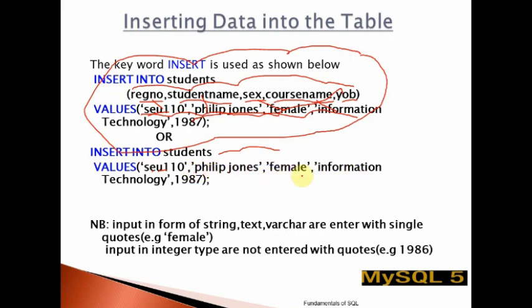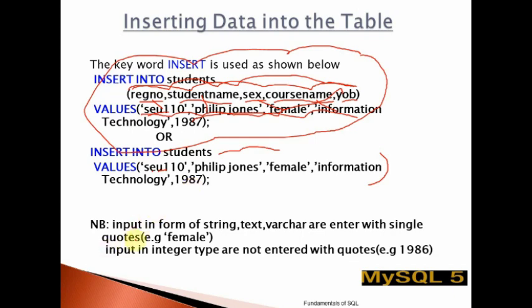Now, this is more applicable when you are choosing to enter data into all columns. If you know that you're going to enter data into all columns that we have in that particular table, then there is no need for you to be mentioning the columns that you're going to enter data into. So that's another way that you can do it.